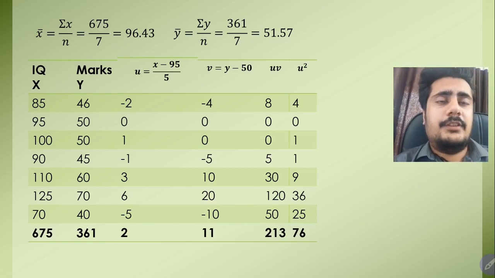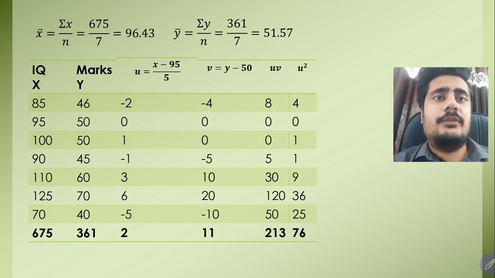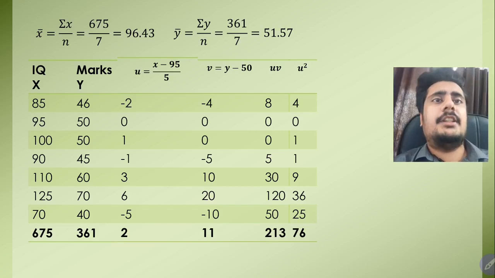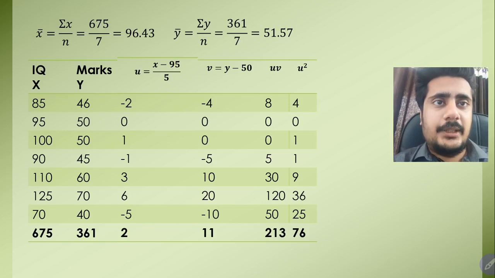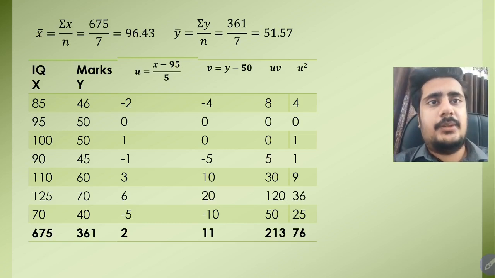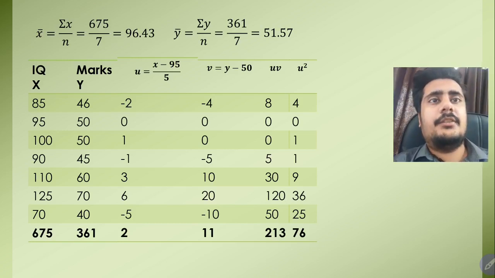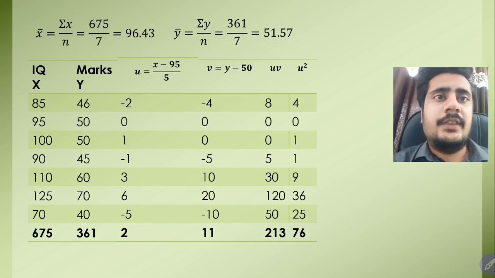Minus 10 upon 5 is minus 2. 95 minus 95 is 0, 0 upon 5 is 0. 100 minus 95 is 5, 5 by 5 is 1. 90 minus 95 is minus 5, minus 5 by 5 is minus 1. 110 minus 95 is 15, 15 upon 5 is 3.